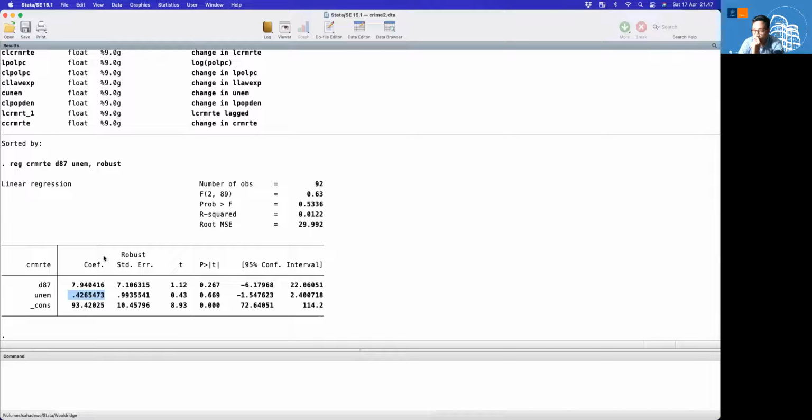So a higher unemployment is correlated with a higher crime rate. However, the effect is not precisely estimated. In fact, it's not statistically different from 0.